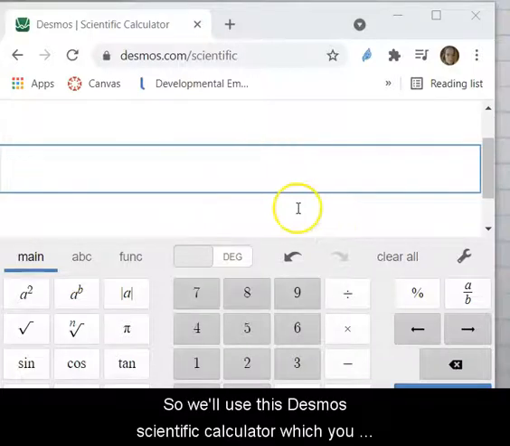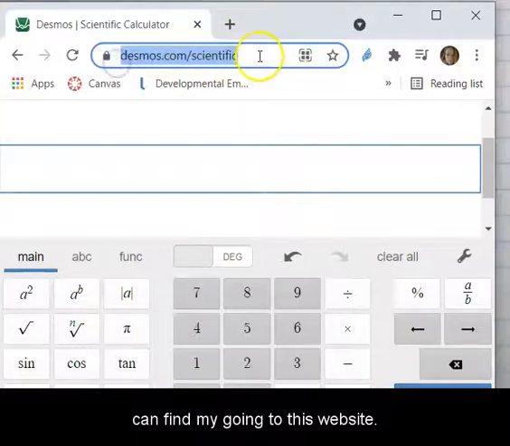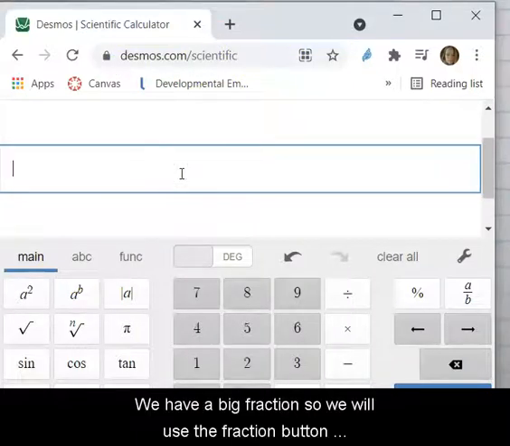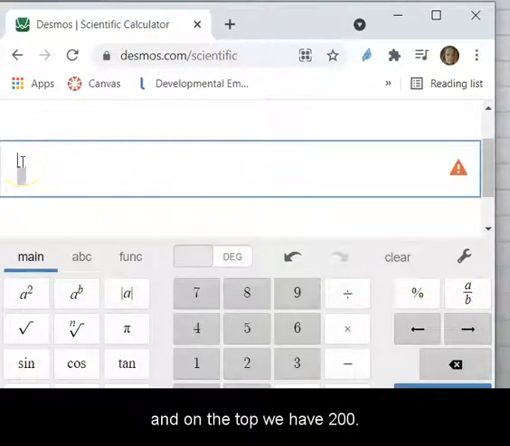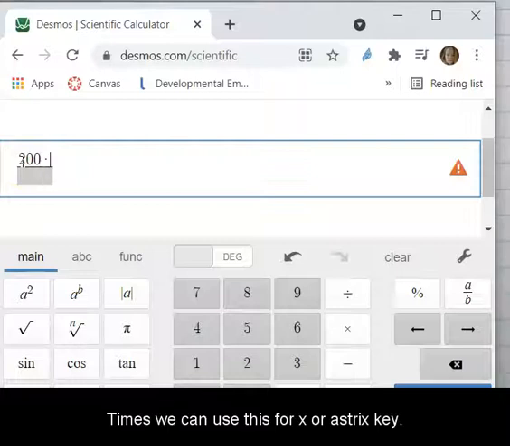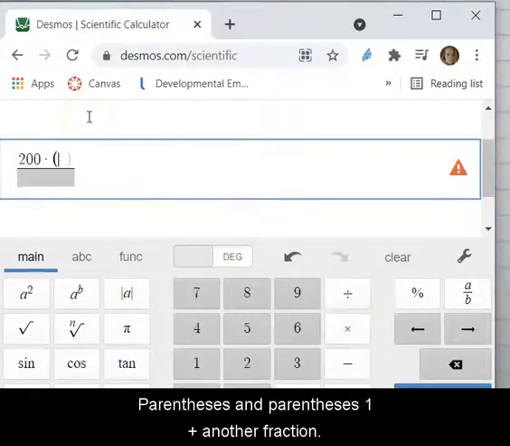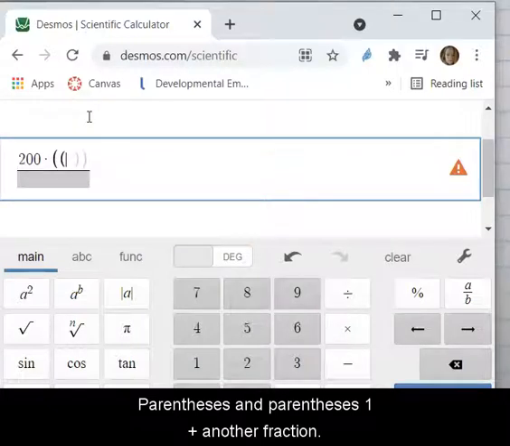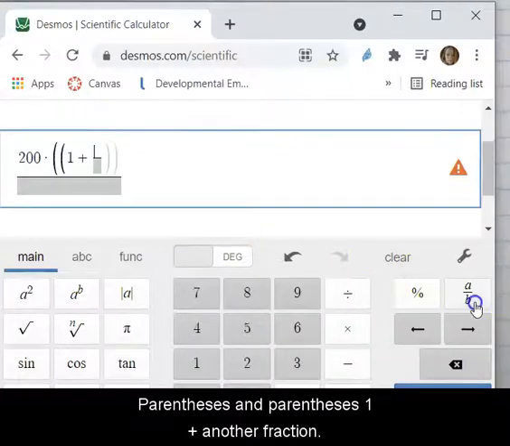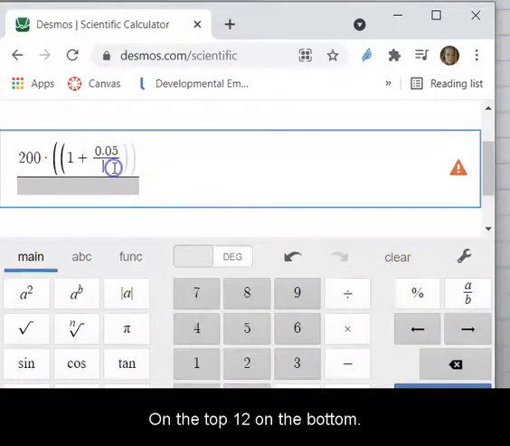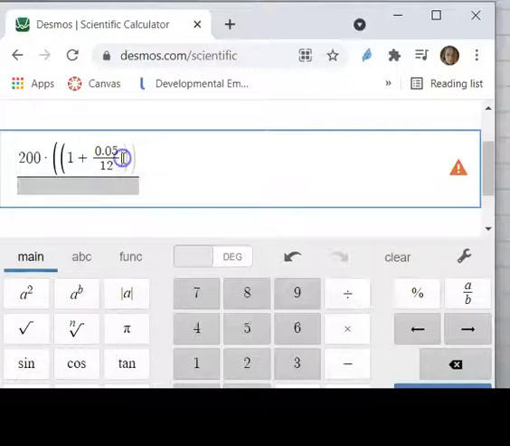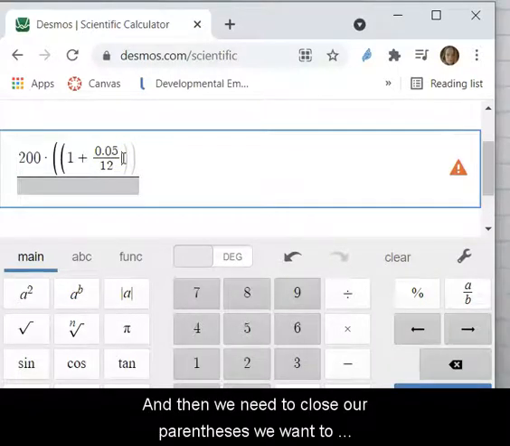And then we just have to simplify this big ugly expression, which we can do with a calculator. We'll use this Desmos scientific calculator, which you can find by going to this website. We have a big fraction, so we use the fraction button, and on the top we have 200 times, you can use this for times or the asterisk key, parentheses, 1 plus another fraction, 0.05 on the top, 12 on the bottom, and then we need to close our parentheses.